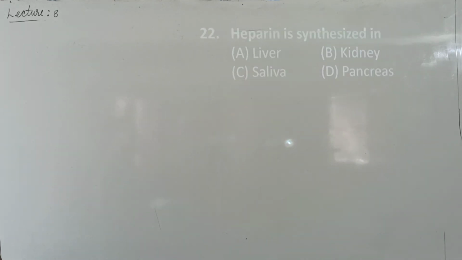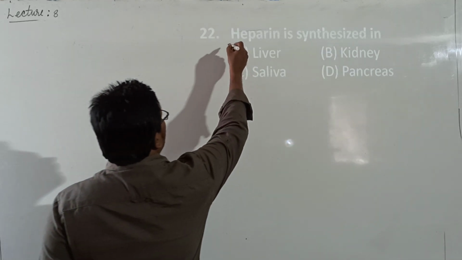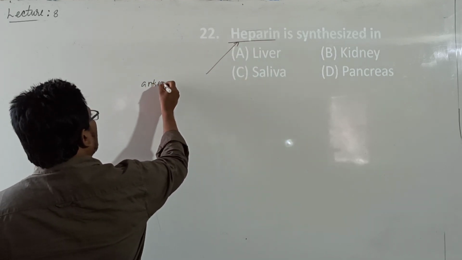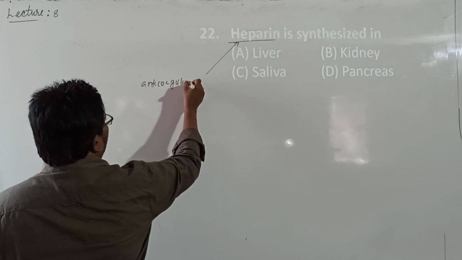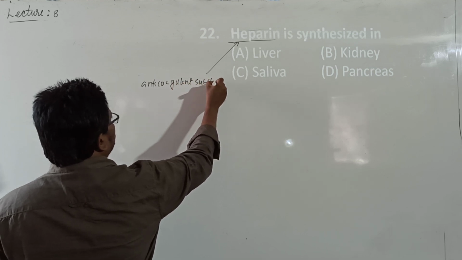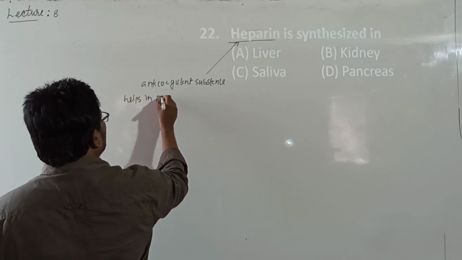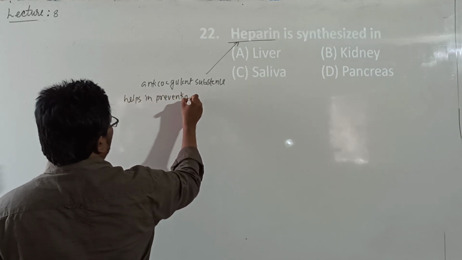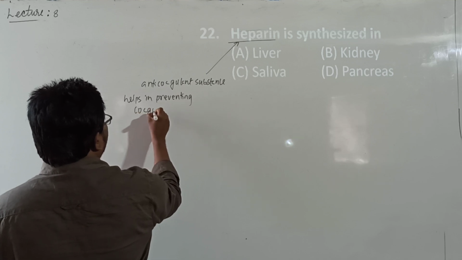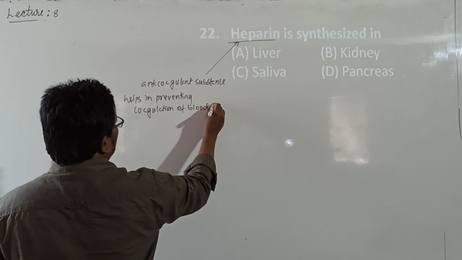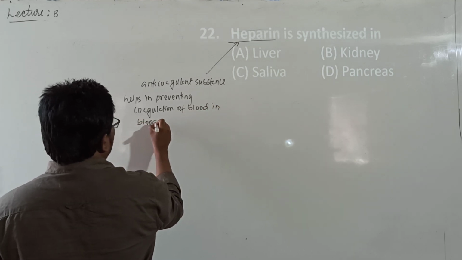The next one, heparin is synthesized. Heparin is an anticoagulant substance, and this helps in preventing coagulation of blood in blood vessels.